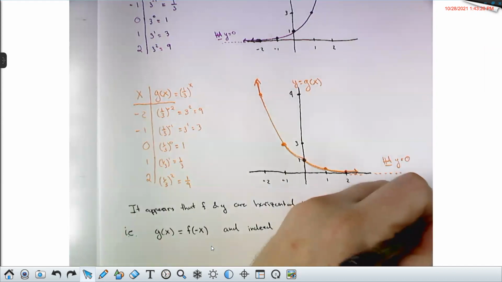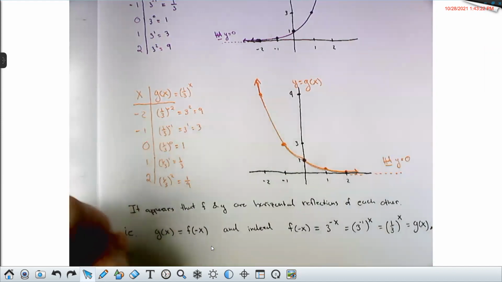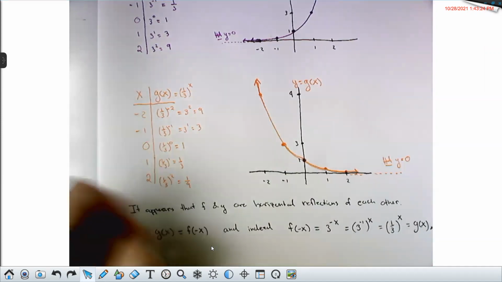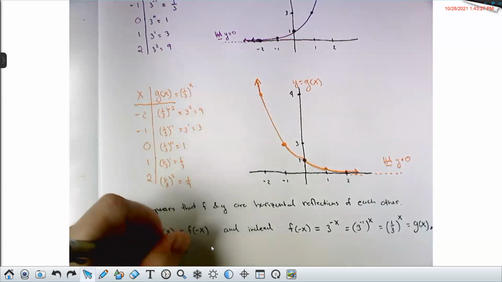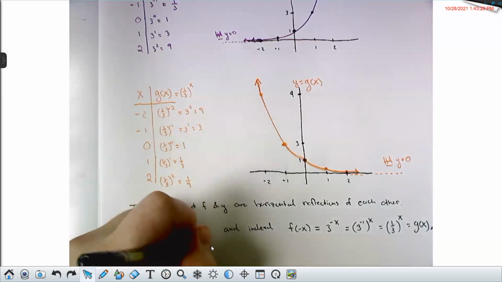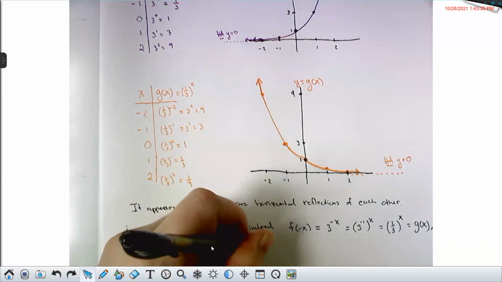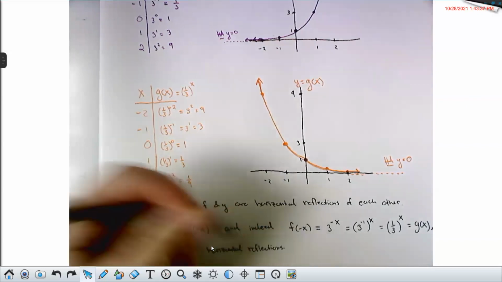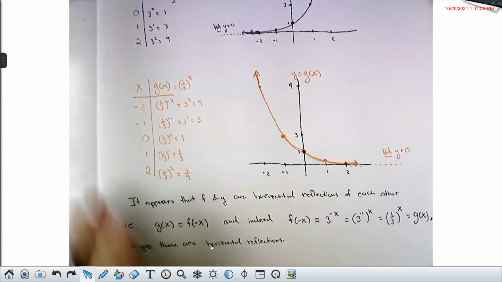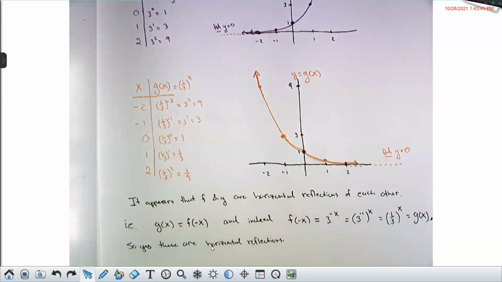So yes, they are. These are horizontal reflections. And you could go the other way. You could show that g of -x is the same as f of x. Same sort of procedure. I invite you to try that.